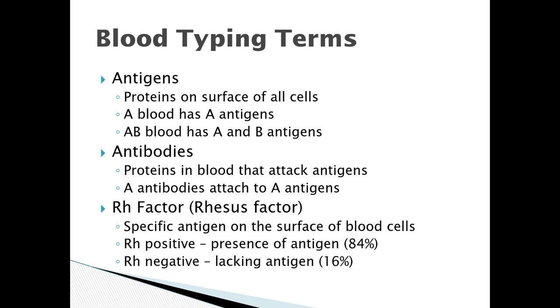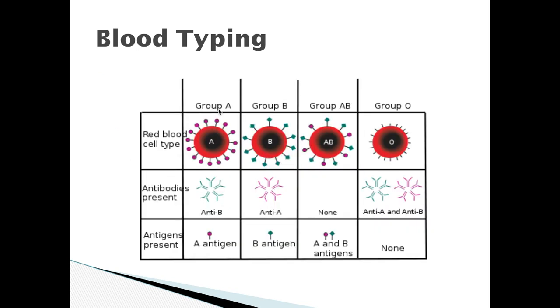So you are going to produce antibodies against the antigens you don't have. So if you have A blood, you only have A antigens, which means you are going to produce antibodies against B blood. So you cannot receive any blood from people who have the B antigen.